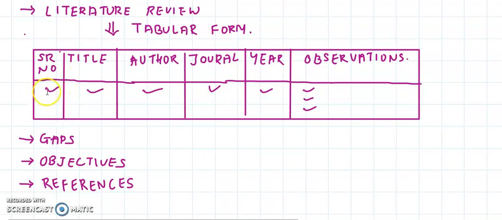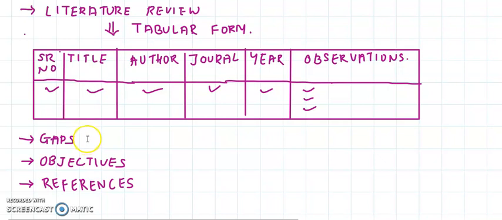Okay, so one research paper will have a tabular row something like this. If you have a second research paper, of course, which you will, then you'll again have a second row which will have a single entry in all the columns and multiple observations. Next, what your slide can have is gaps.